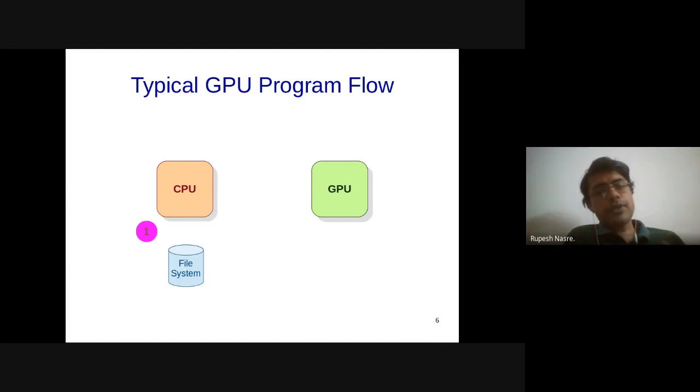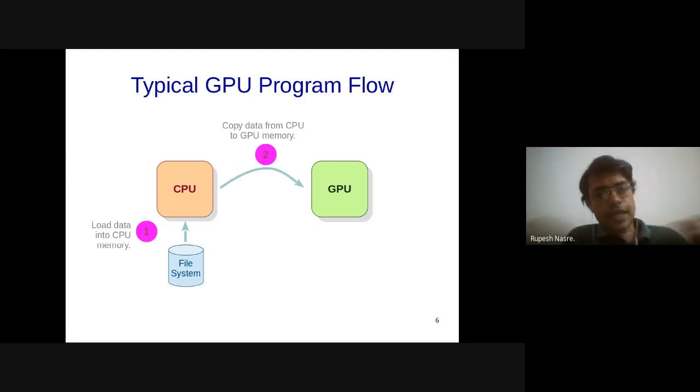So the first step is to load the data from the file system into the CPU memory, CPU RAM. Using this memory, now I am going to decide what portion I need to first execute on the CPU and what portion I need to offload to the GPU.